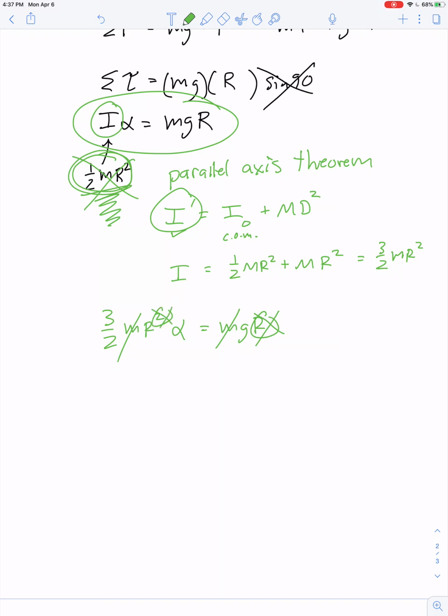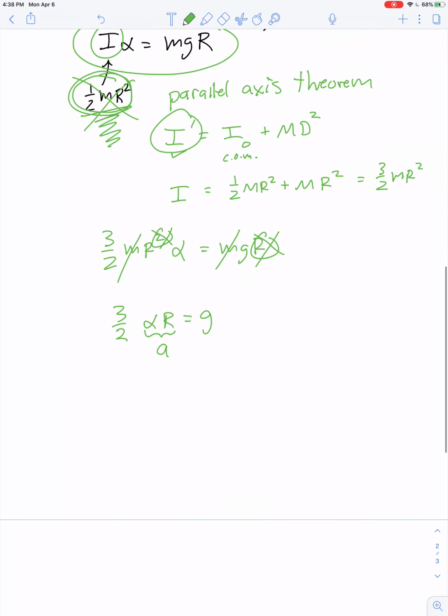And we have 3/2 alpha r is equal to g. But alpha r is just the same thing as a. So a equals 2/3 g.